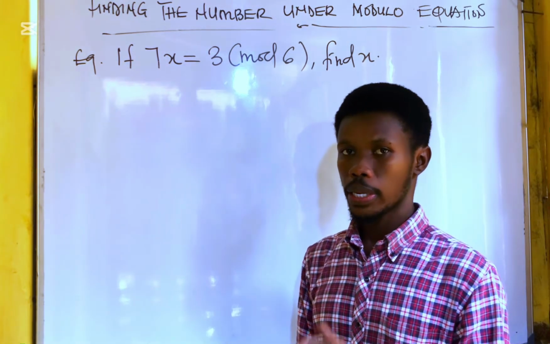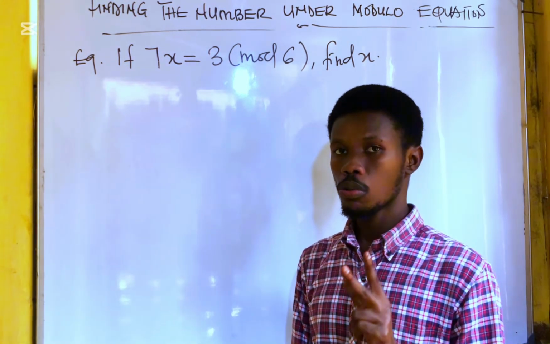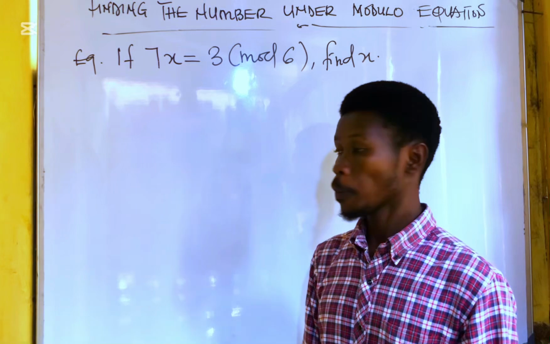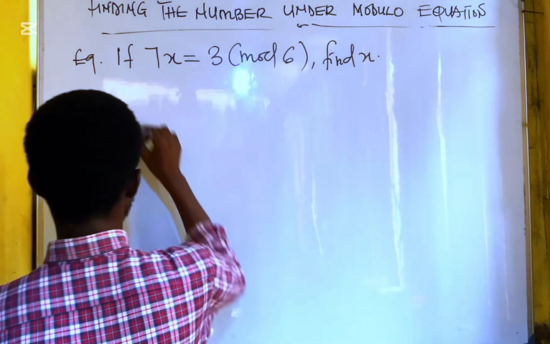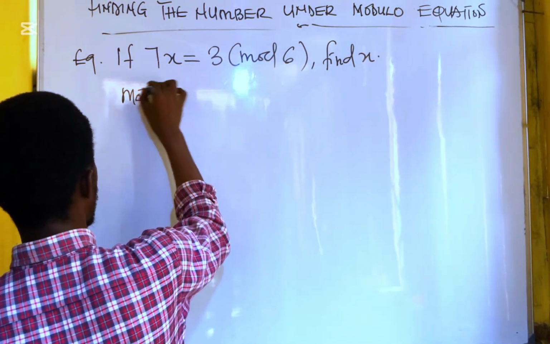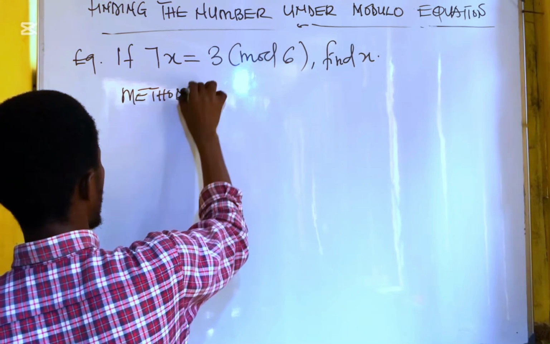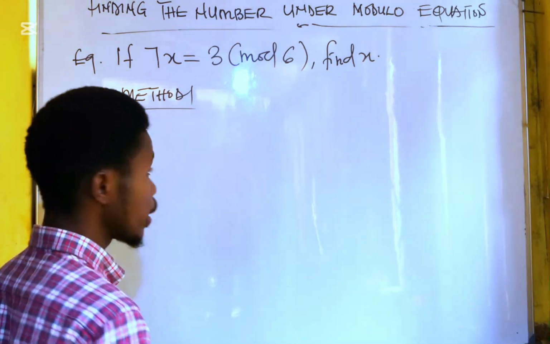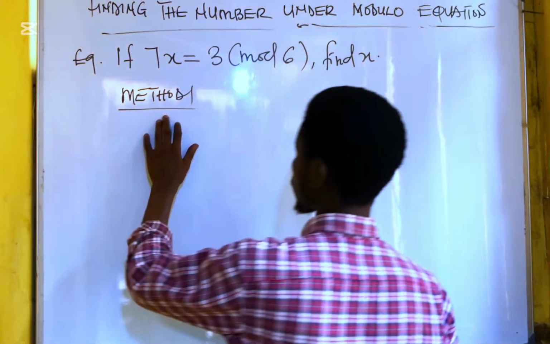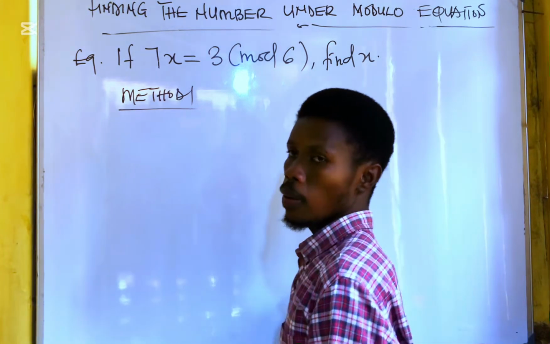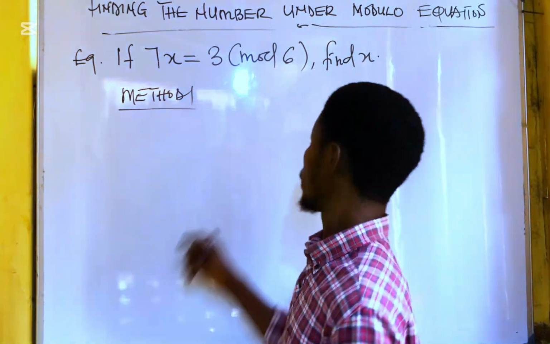In fact, there are many, but I've just picked two. So I'll use two methods. Is that okay? So in this case, this is method 1. We realize that this is mod 6.